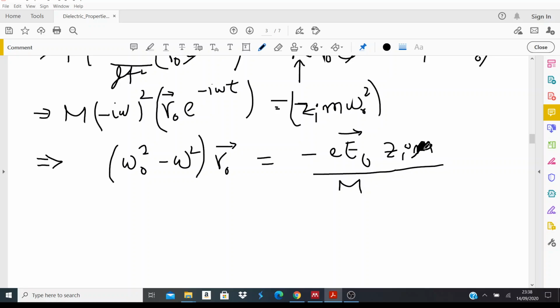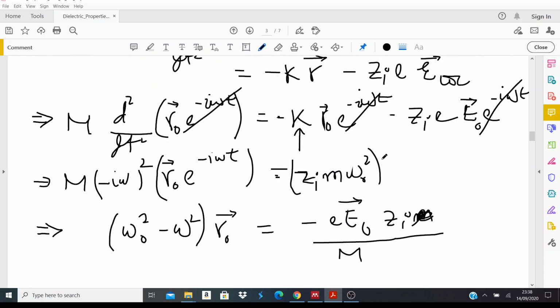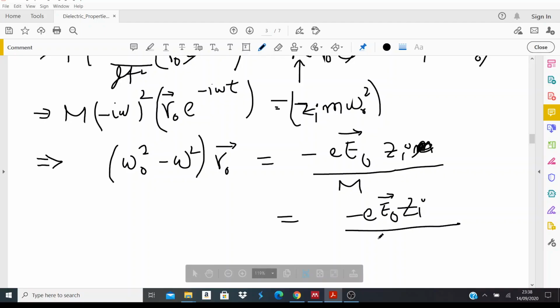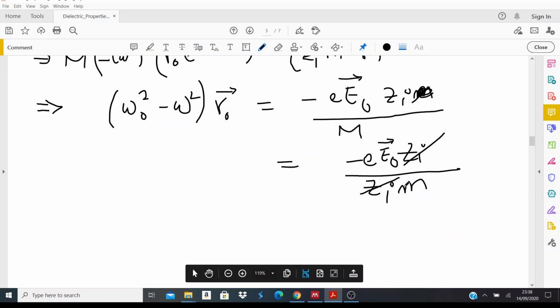Let me correct myself, that should be only a Zi, because we have only Zi here. And what is this mass that we are talking about? This is the mass of the total electronic shell. So for that we can write Zi times m, right? And this Zi and Zi can cancel out.